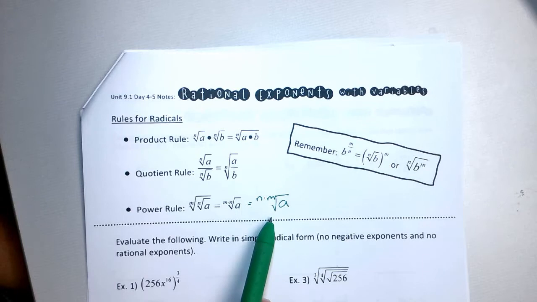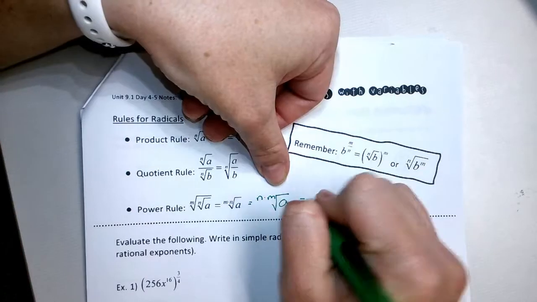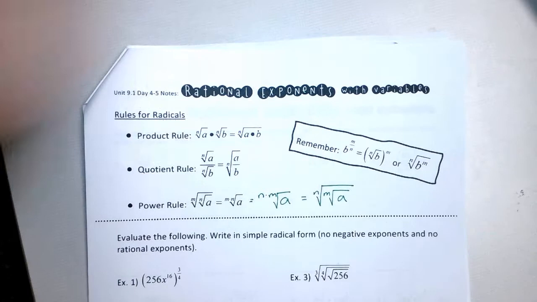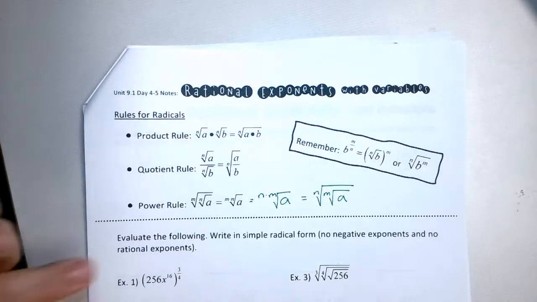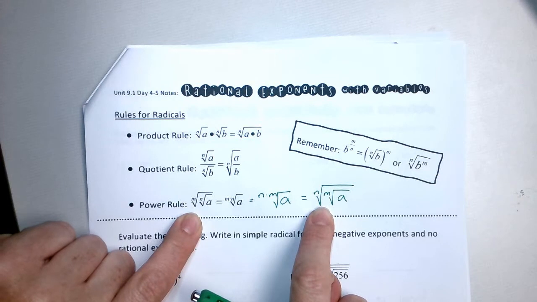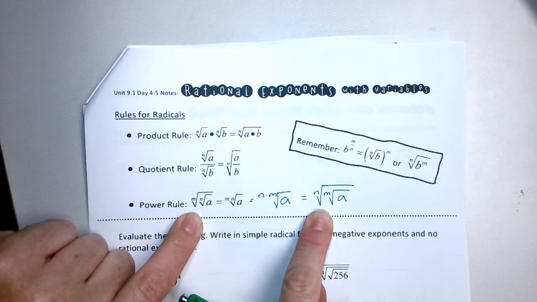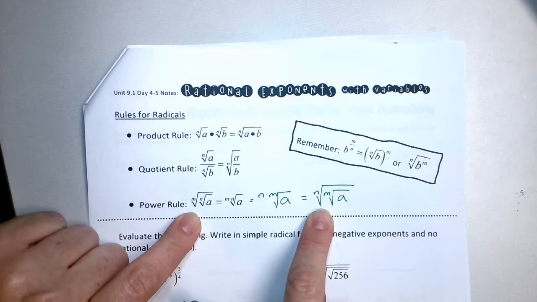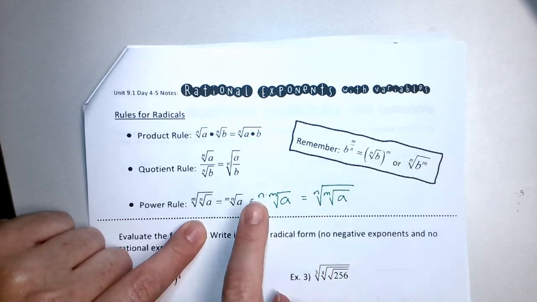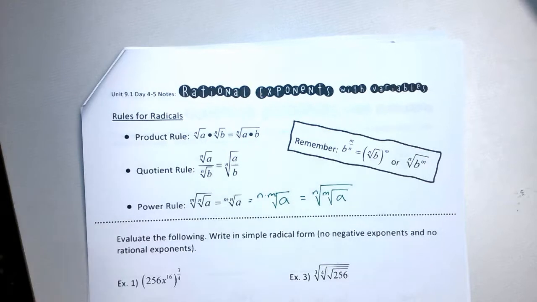No. So then if that's true, can I rewrite it also like that? Yeah, so I want you to see that you can change the order of your roots if it benefits you to simplify your problem. So we are going to do an example, so don't freak out. But I just wanted you to see that mathematically it's allowed because the rule is to multiply, and order doesn't matter when multiplying. Okay?